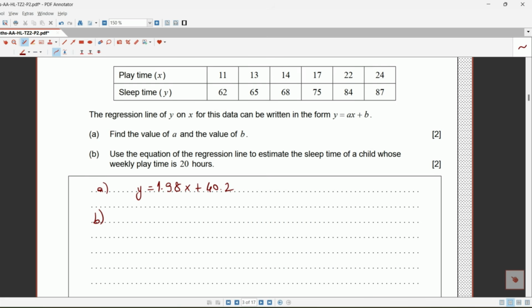Question B, use the equation of the regression line to estimate the sleep time of a child whose weekly playtime is 20 hours. So I will just plug in 20 into this equation and I will estimate the sleep time for a child. So y equals 1.98 times 20 plus 40.2.